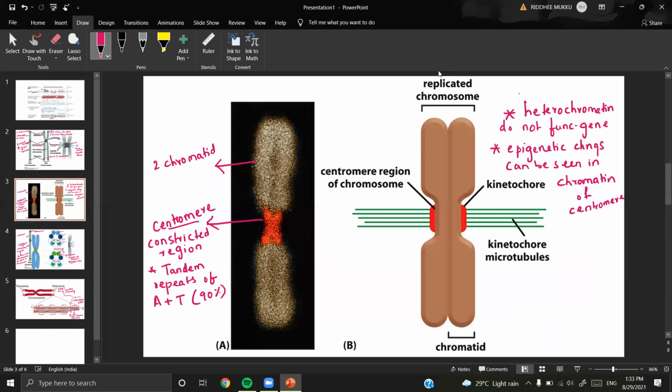The chromonema is a long thread-like structure, which has bead-like structures called chromomeres. So remember that the chromomeres are the bead-like structures on the long thread-like structures called the chromonema, which are present inside the chromatids.